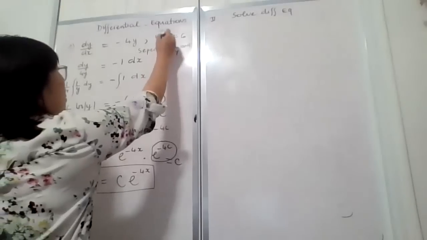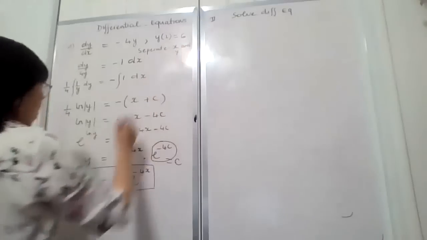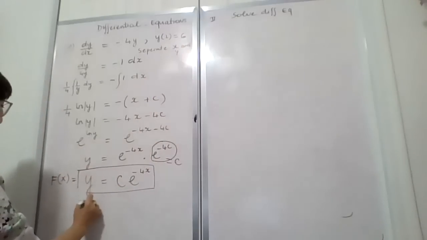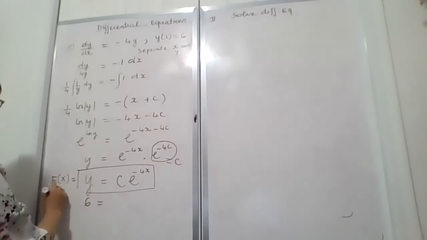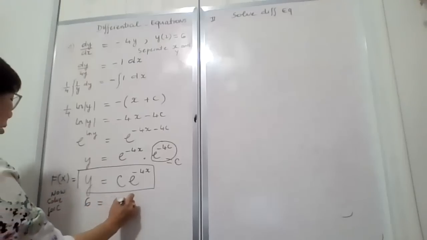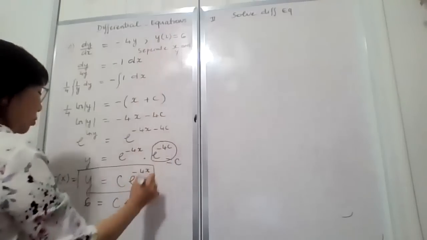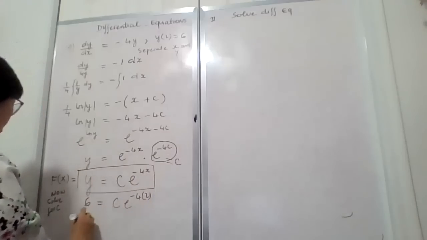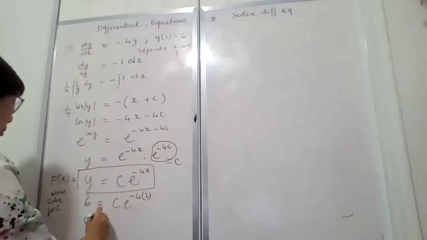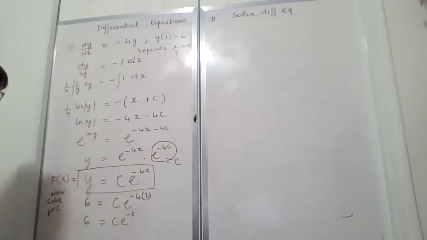Now, because they give us y equal 6 when x equal 2, we can substitute y equal 6. So now we're going to solve for c, okay? So 6 equals c times e to minus 4x, we substitute x by 2. So 6 equals c times e to minus 8.